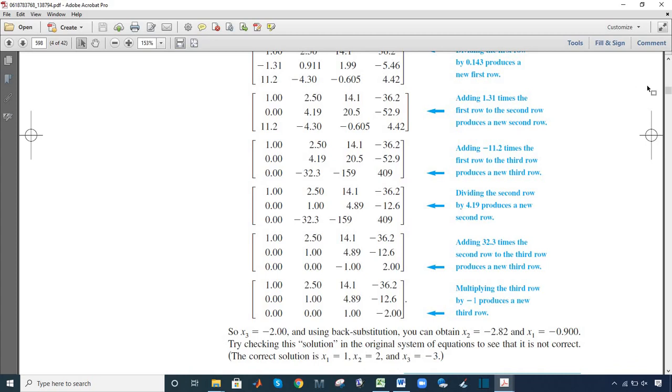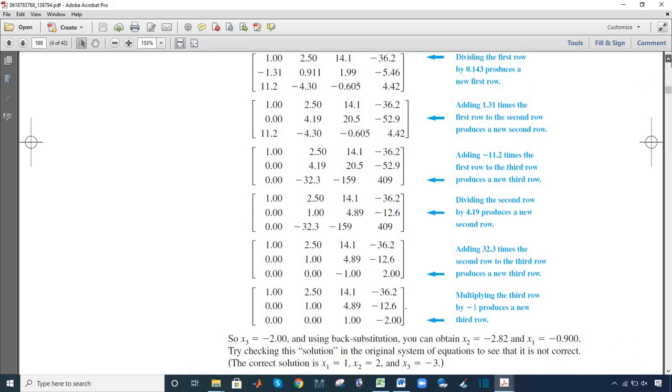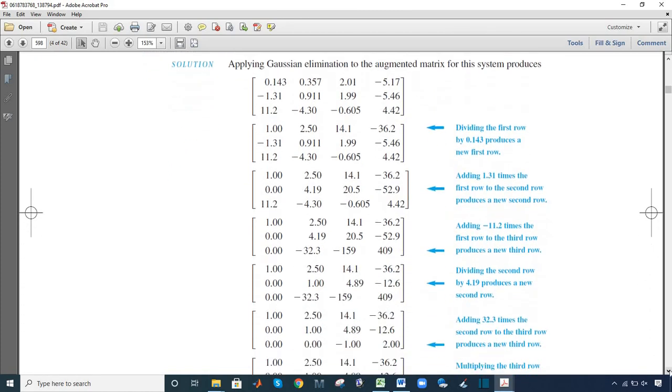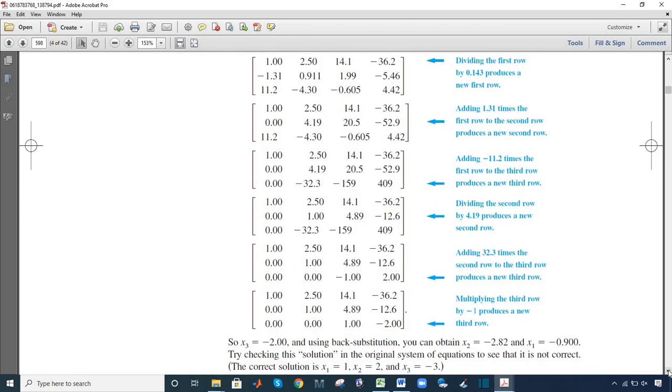This is the method of Gauss elimination. Following the same procedure, you can also read what happened in these steps in the written part below.